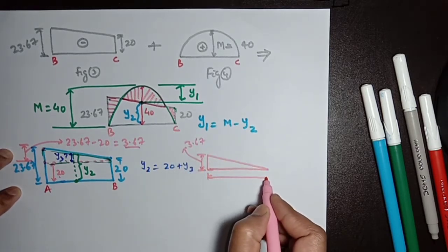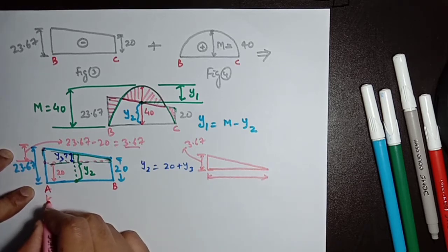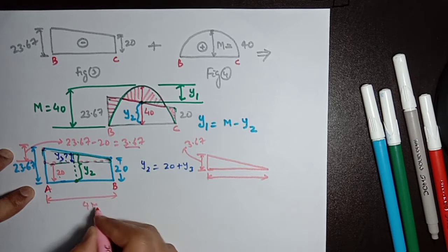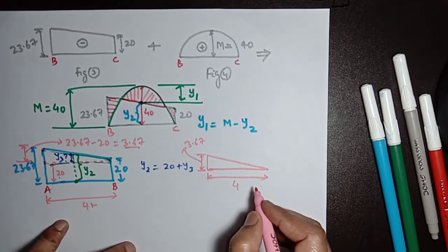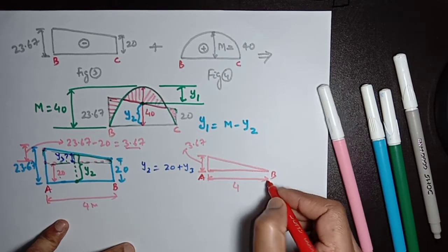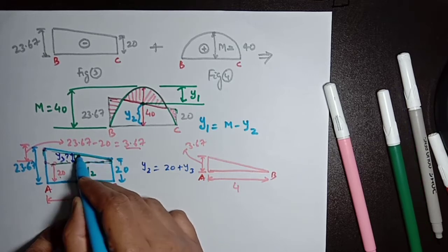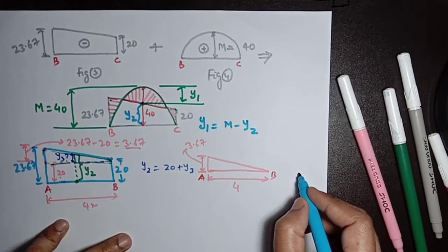The base of this triangle is 4 meter, from A to B, and we are taking another triangle from here to here.